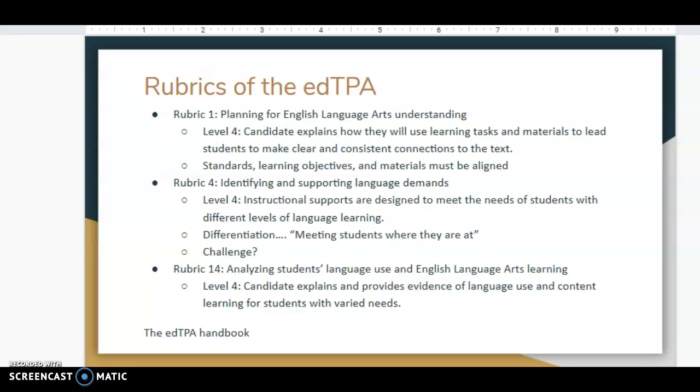So going into that kind of means like the standards that you are putting as the California standards for ELA, and they should line up with what your goal is to teach the students and what activities or materials you're using to get them there. So for instance, if one of my standards is, thinking off the top of my head if I can remember any standards, demonstrate like using correct citations.